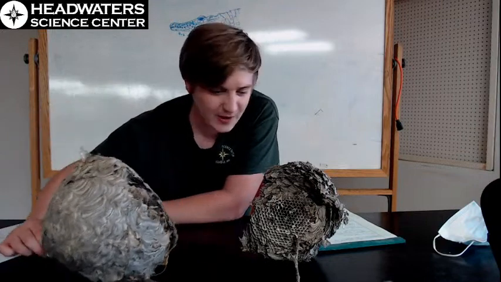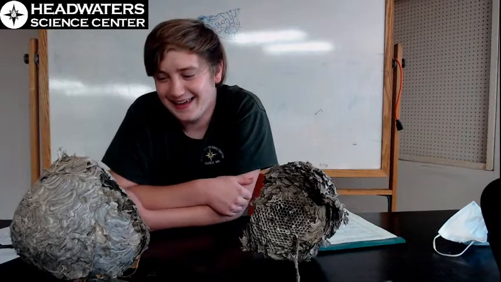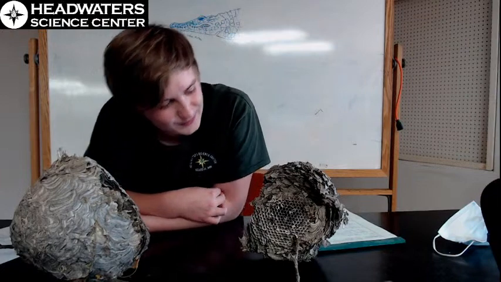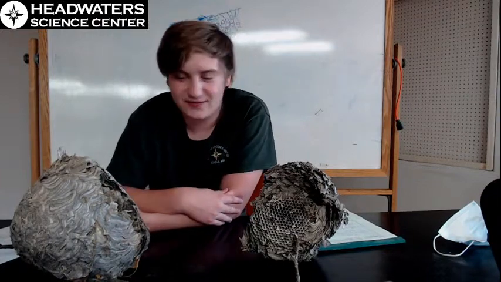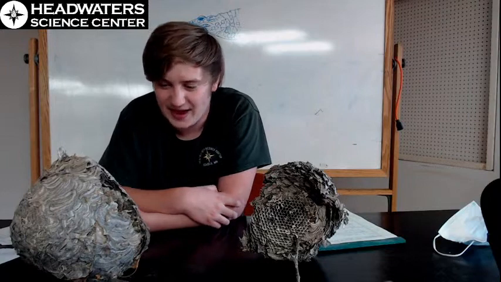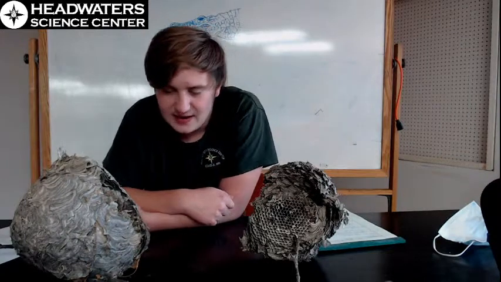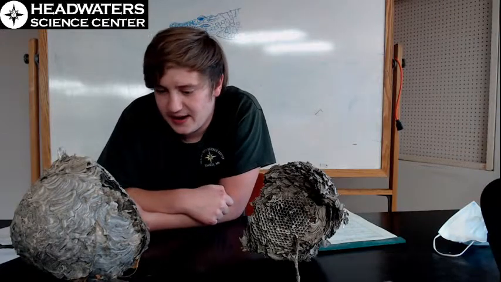Usually with paper wasps, you'll have about 100 individuals per hive. It can vary up and down. But usually the hive is dominated by one queen or just a few queens.